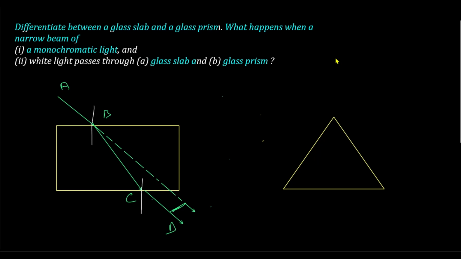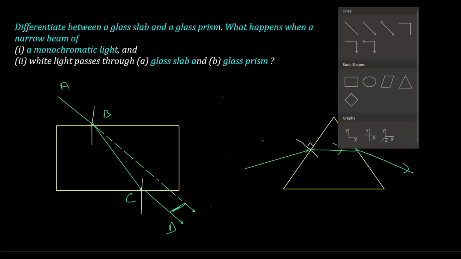Now check what happens in case of monochromatic light if it enters a glass prism. This is an incident ray over here, and this is a normal perpendicular to this face. So it will refract here, bend towards the normal, and the emergent ray will once again bend in this direction.